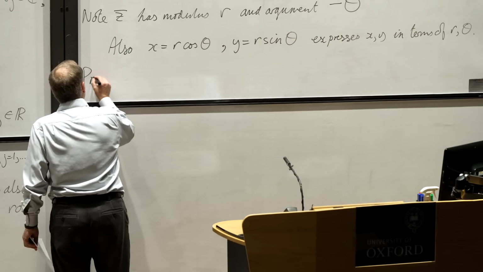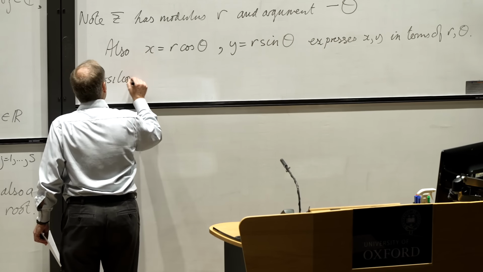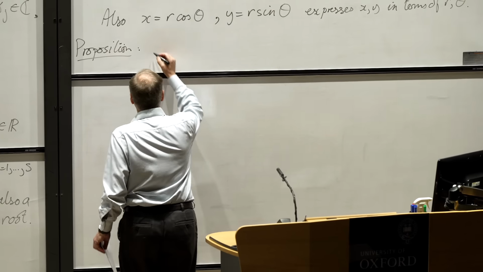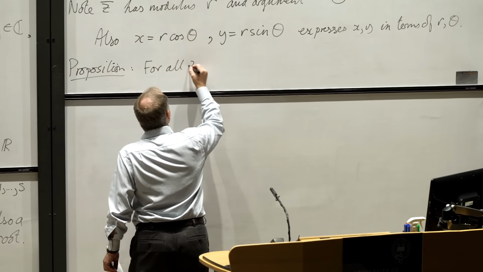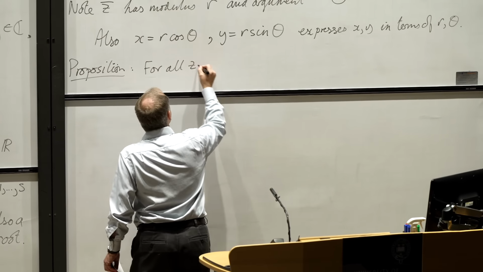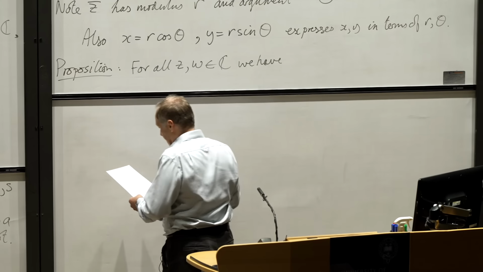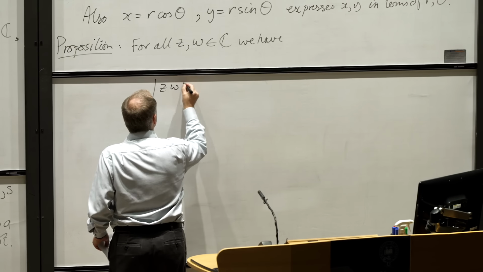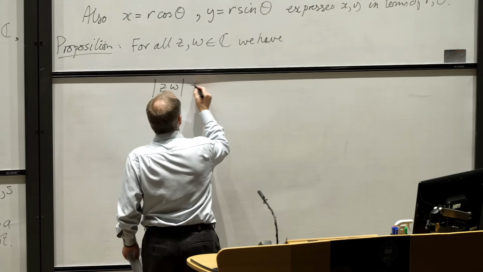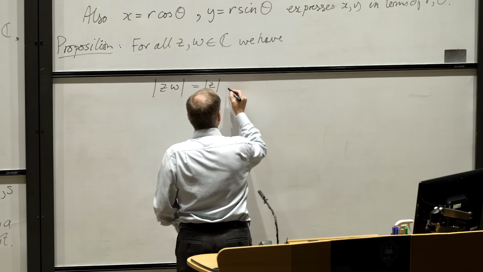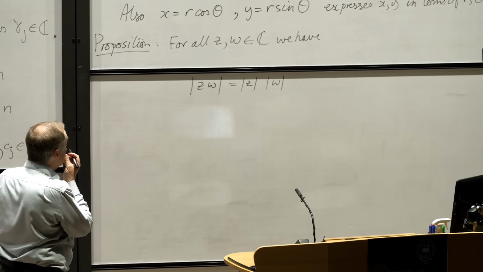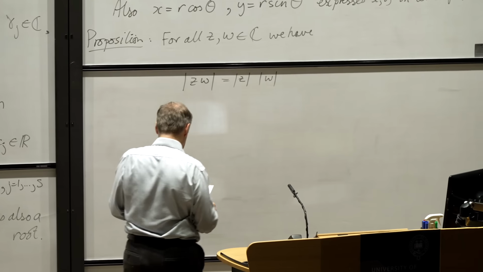Here's a proposition for you. I claim this is true. For all z and w in the complex numbers, we have that the modulus of zw is equal to the modulus of z times the modulus of w. I'm not claiming that's immediate, but I'm telling you it's true.